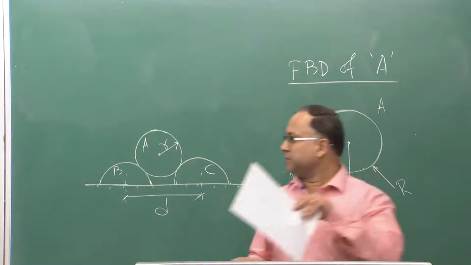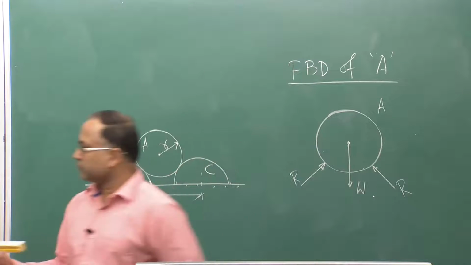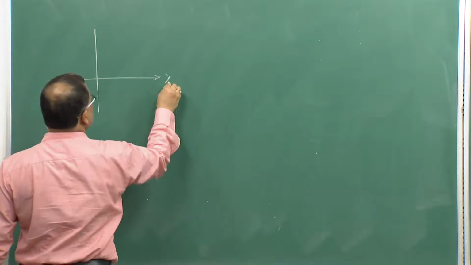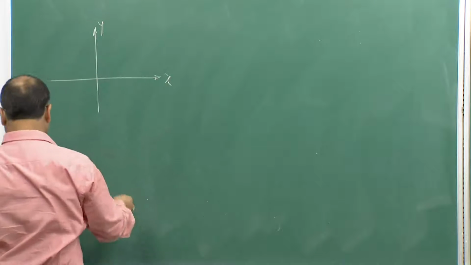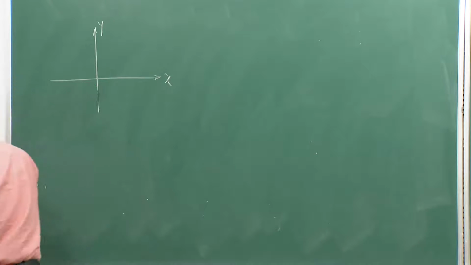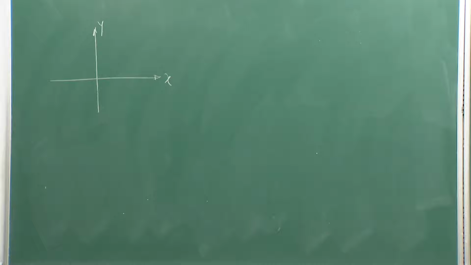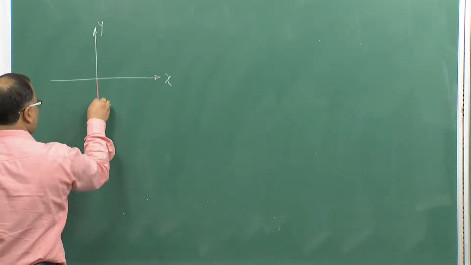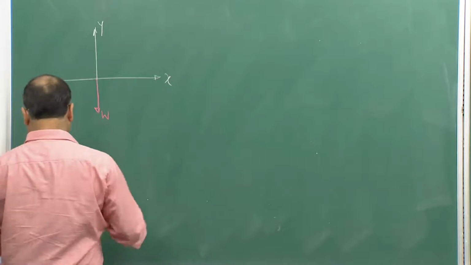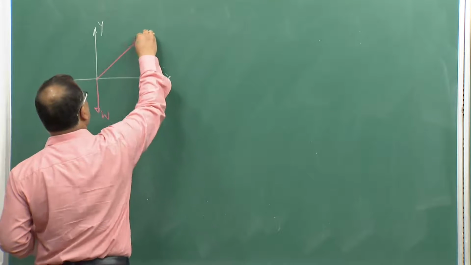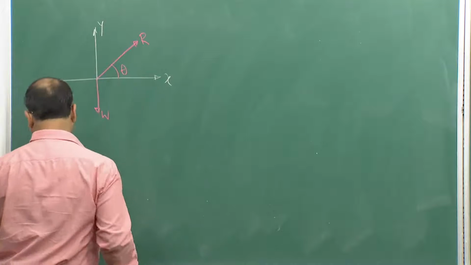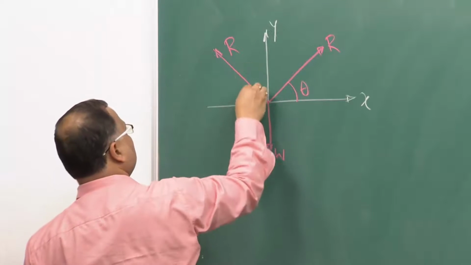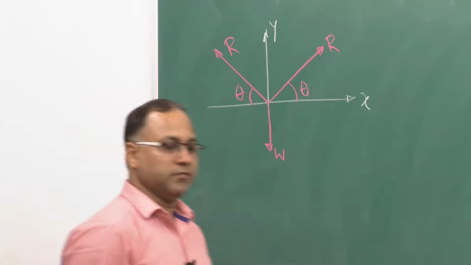Then, in the xy frame, this is W, this is R which makes an angle theta here, and this is also R which makes an angle theta, and theta is already obtained from the geometry.